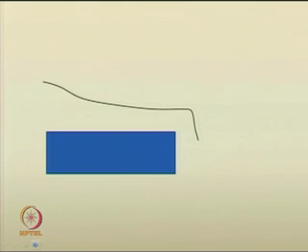If you recall, this is the free fall, this is the brink, and at the brink it should be a critical flow. This is the normal depth of the flow at the channel entrance. Normal depth is already given to you as 0.5 meter.